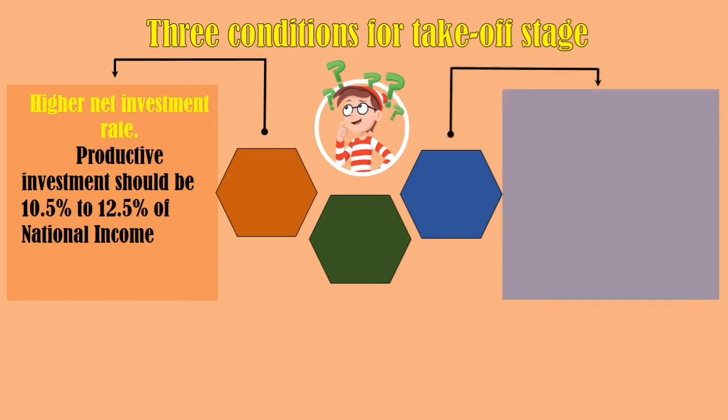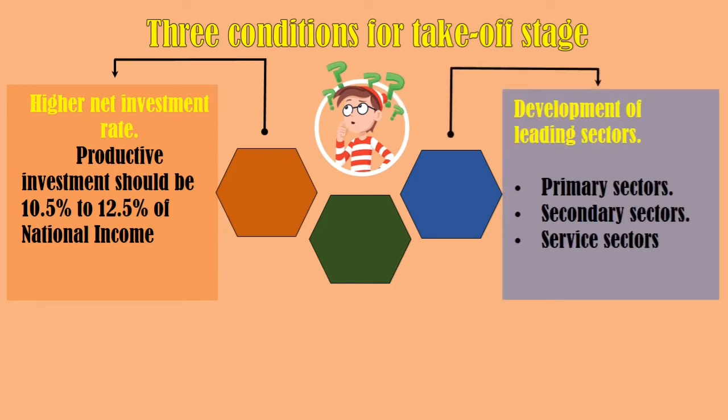The second is the development of leading sectors, such as the primary sectors, those that are concerned with extraction and production of raw materials such as farming, fishing, logging, hunting, mining, and many others.